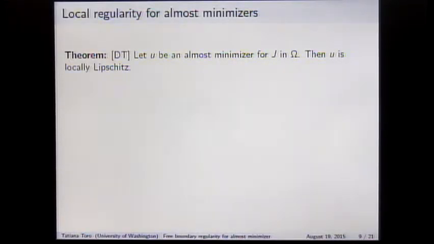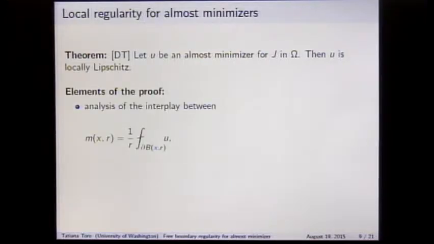The pointwise gradient here doesn't make sense. What do I need to prove? We need to prove that the average of the gradient squared, I like squares, is bounded. Okay, so what do we do? How do we prove that? We look at the interplay of three quantities. For those of you who have looked at this type of problem, you recognize this is an important quantity.